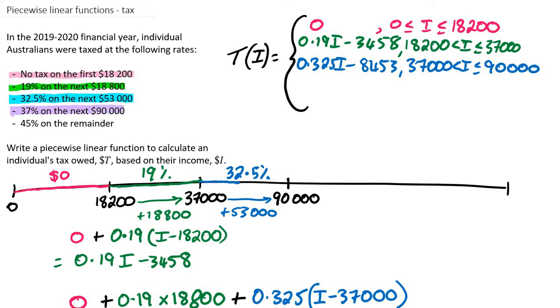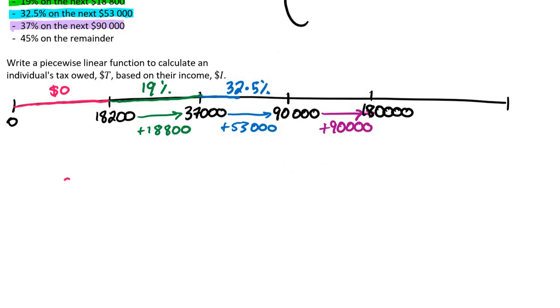Then we have 37% on the next $90,000. So adding on $90,000 takes us up to 180,000. They're going to pay $0 on that first 18,200.